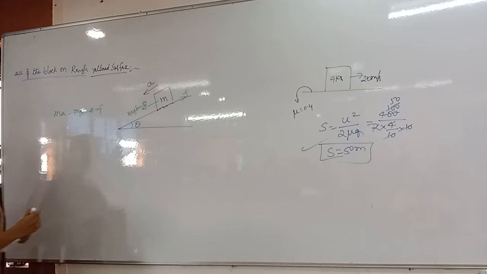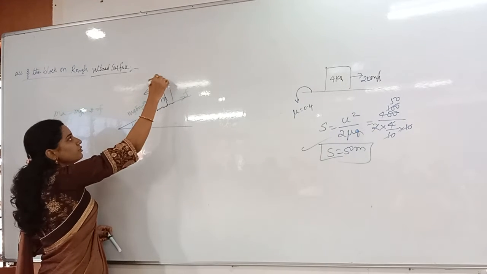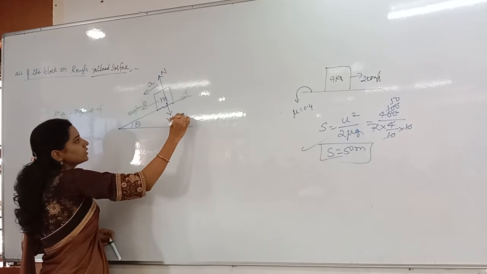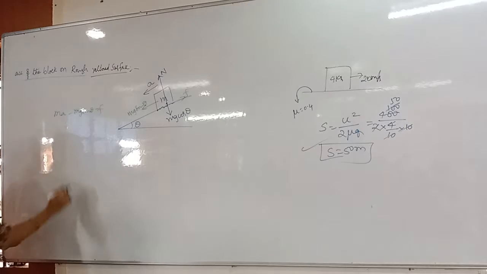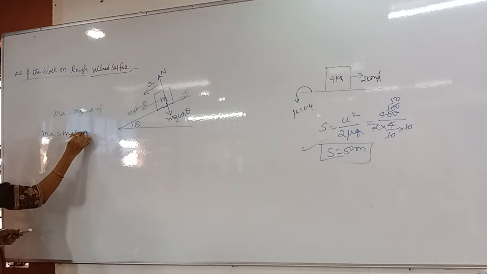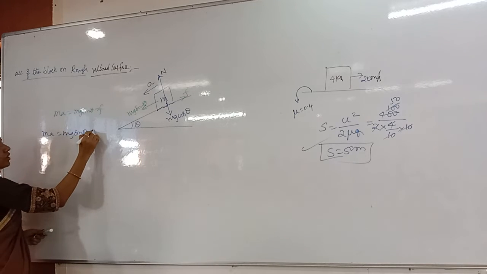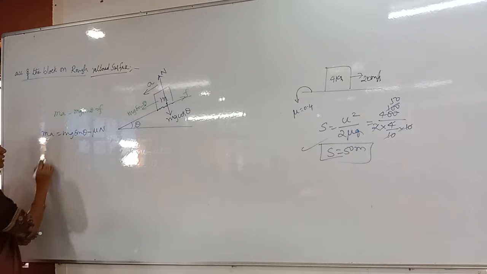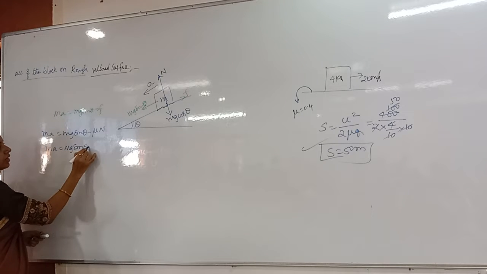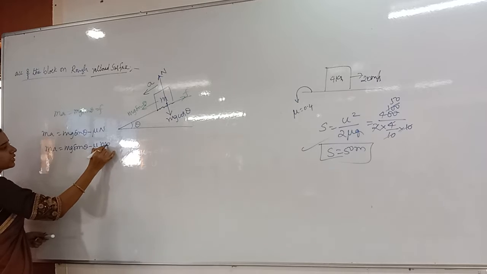Opposite to the weight component, the normal reaction is acting: N equals mg cos theta. Always remember that N equals mg cos theta. Now ma equals mg sin theta minus the friction, which is mu into the normal reaction. So ma equals mg sin theta minus mu into, what is the normal reaction?